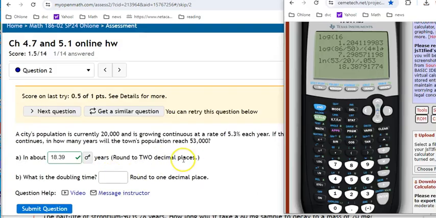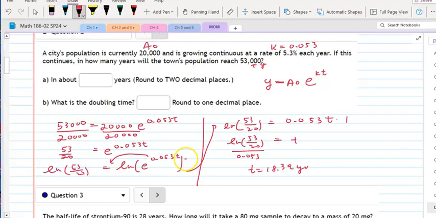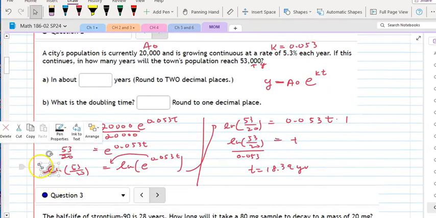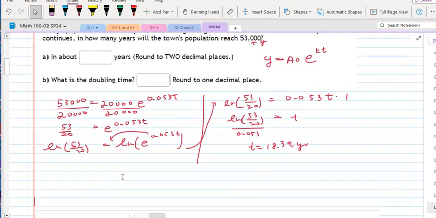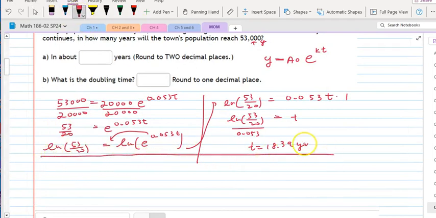Okay, what's the doubling time? This is part A. For part B, the doubling time is ln 2 over k.